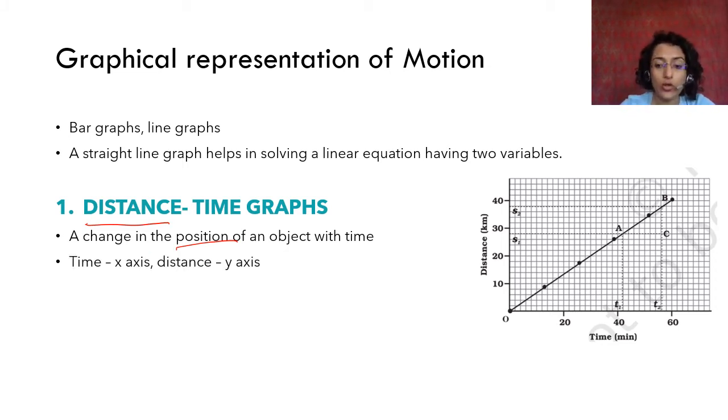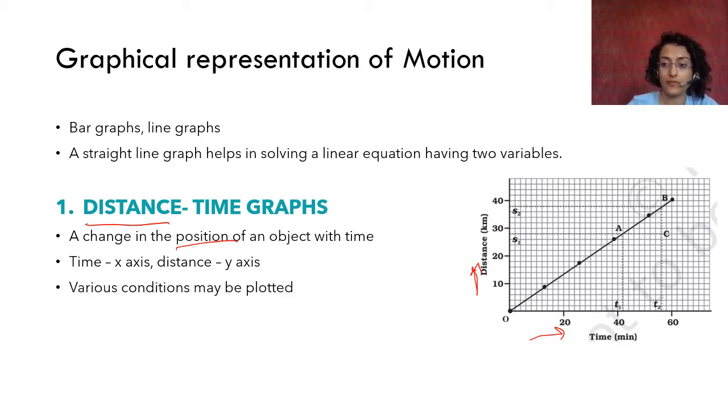We take time on the x-axis and distance on the y-axis. And you can plot various conditions, right? You can plot at what given point of time how much distance has been covered, and you can represent various conditions of how the position of an object is changing with time.